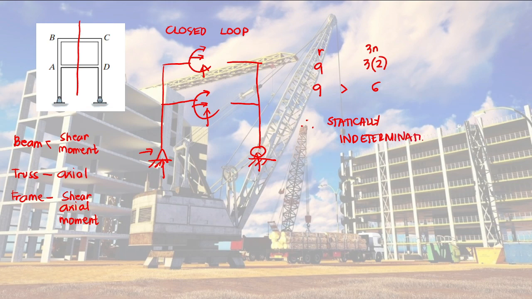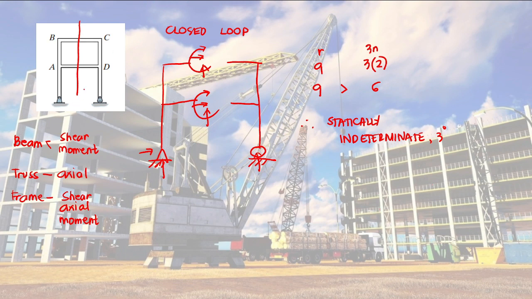In what degree? 9 minus 6, that would be 3. So third degree indeterminate. Degree of indeterminacy, so 3 degree. So third degree of indeterminacy.